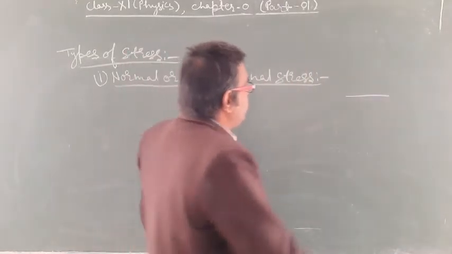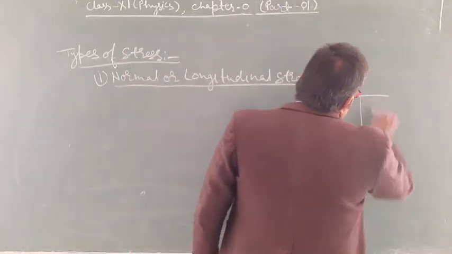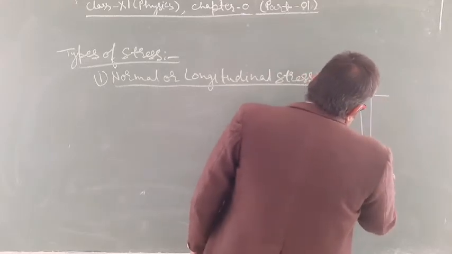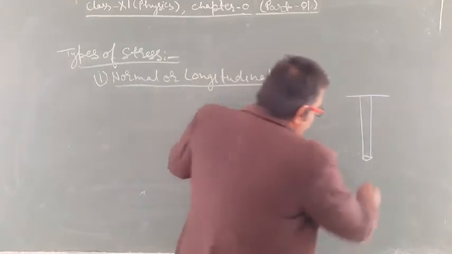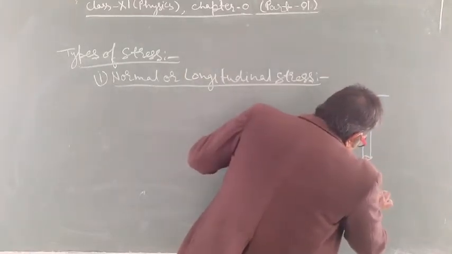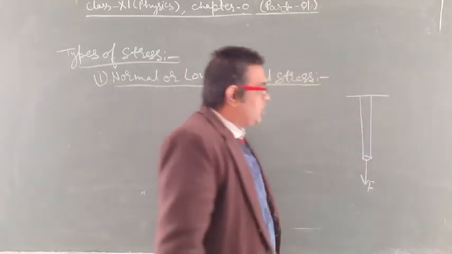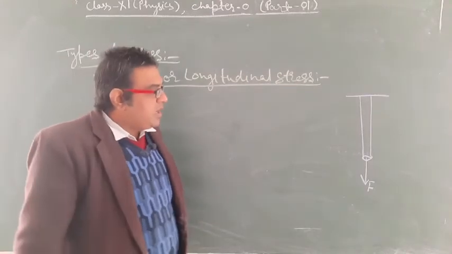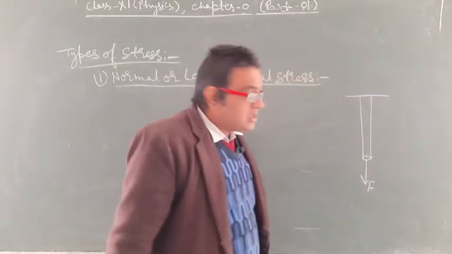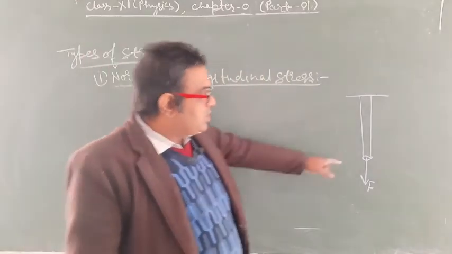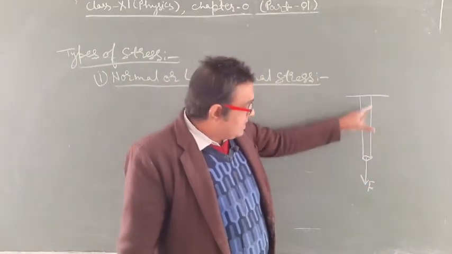For describing normal or longitudinal stress, suppose we have taken a rigid body, and this is its cross-sectional area. If the force is applied in this direction, normally or longitudinally to the rigid body, this force results in the extension of the wire.